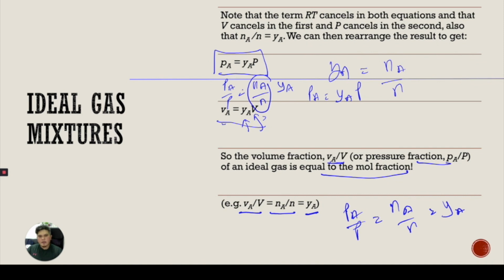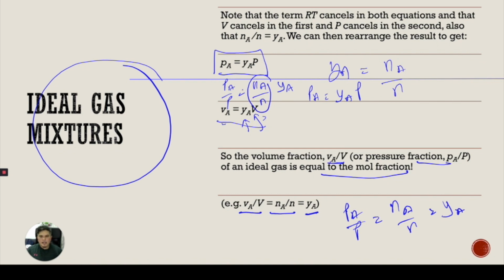When you want to determine the number of moles, the partial pressure, the volumetric flow rate, or the pure component volume for the gas, you can use this kind of expression as long as it is an ideal gas.